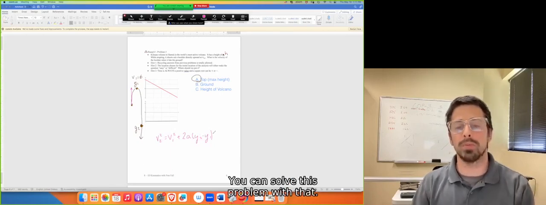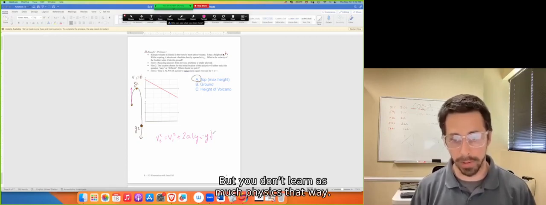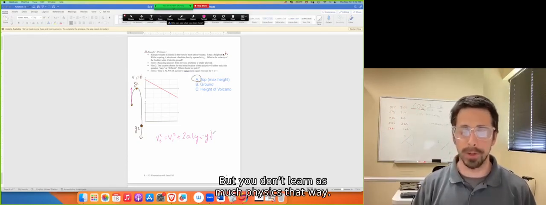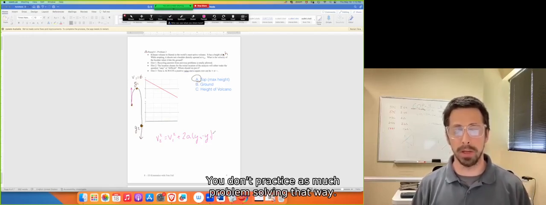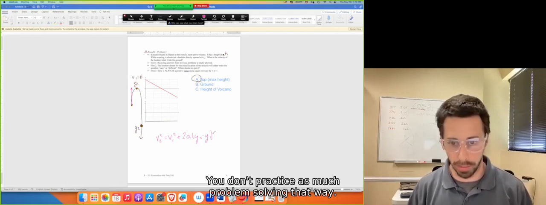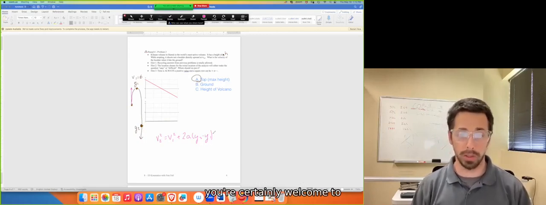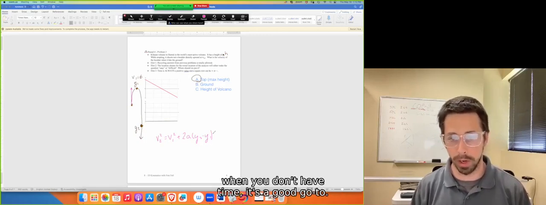You could solve this problem with that, wash your hands of it, and be done, right? But you don't learn as much physics that way. You don't practice as much physics that way. You don't practice as much problem solving that way. So if you want to use that equation, you're certainly welcome to when you're trying to solve these problems when you don't have time. It's a good go-to, right?